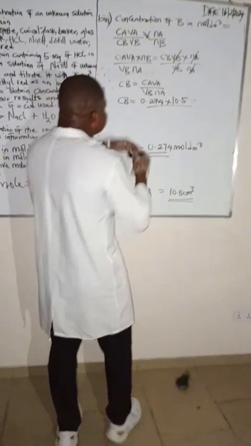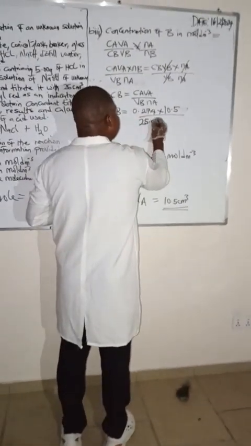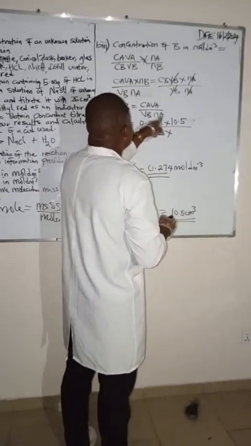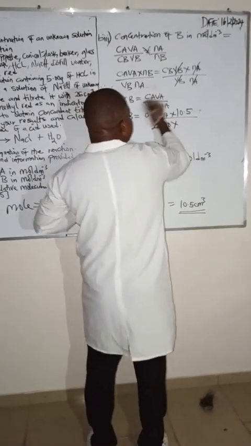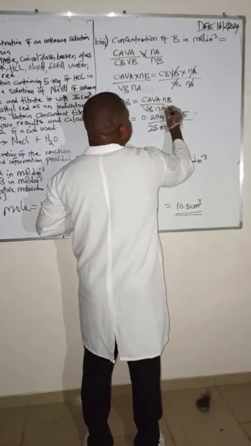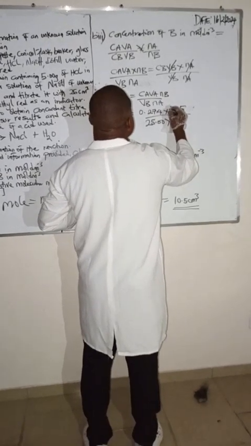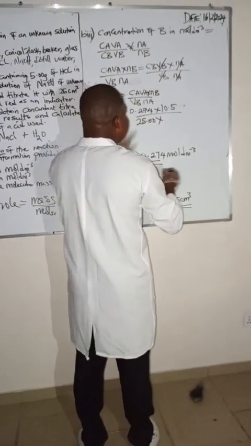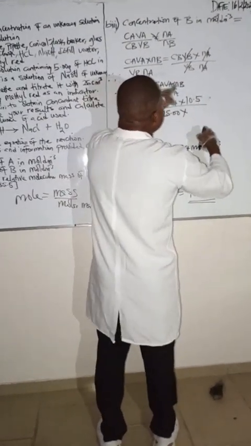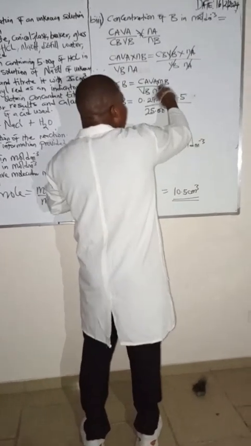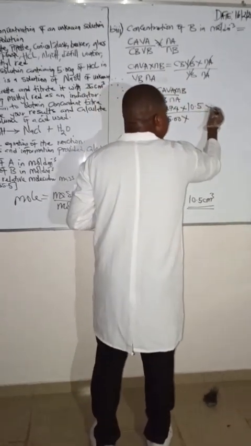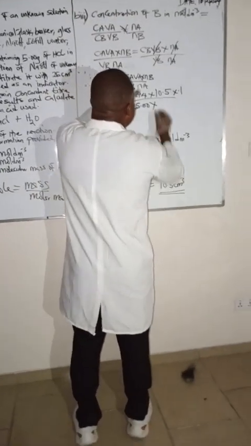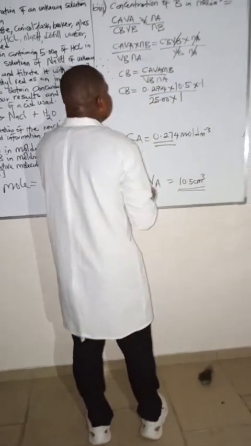Remember, we recorded it as 25.00, times NB. NB means number of moles, so this is times 1. And our NA is also times 1.